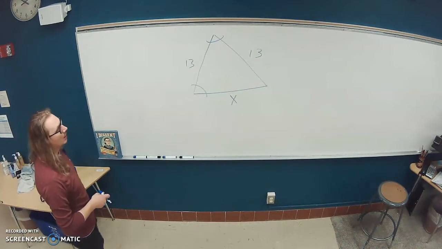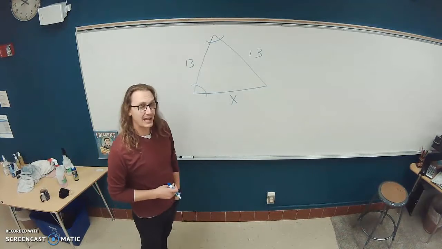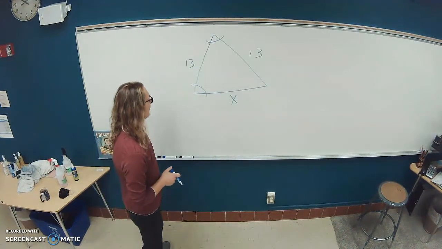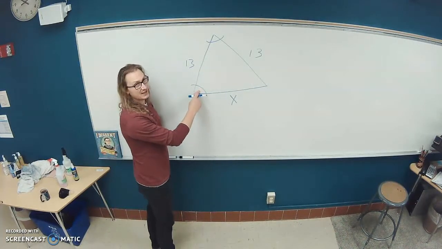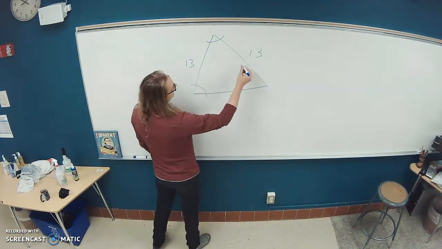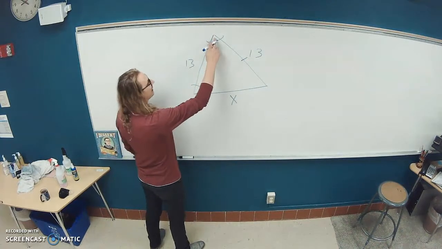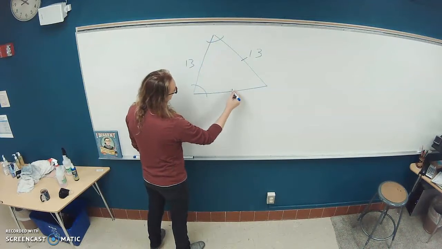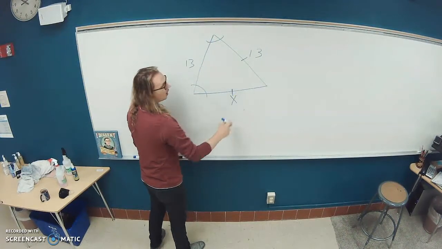Well, what we know about isosceles triangles is if I have 2 congruent angles, then the opposite sides must be congruent. Opposite of this angle, so we're looking for a side that is opposite, is this guy. Opposite this angle, or the side that does not make up this angle at all, is this one. So I know that these two are going to be congruent.